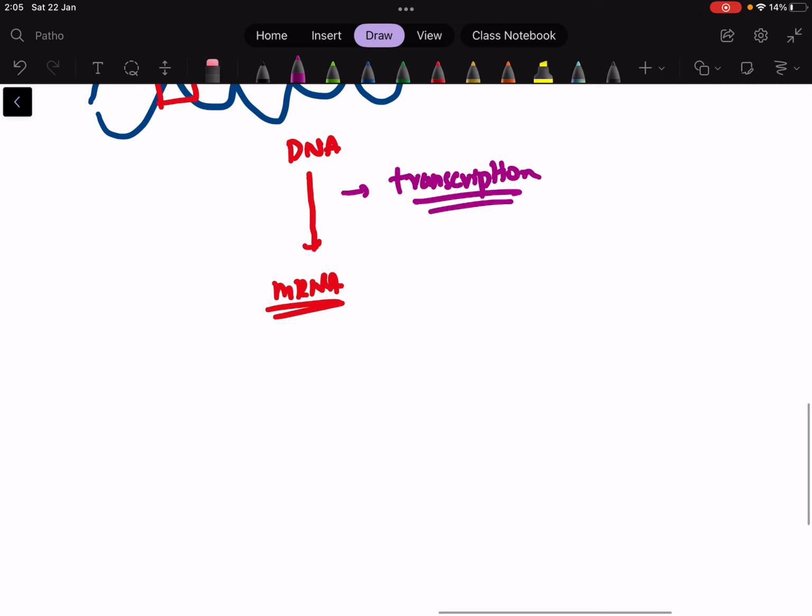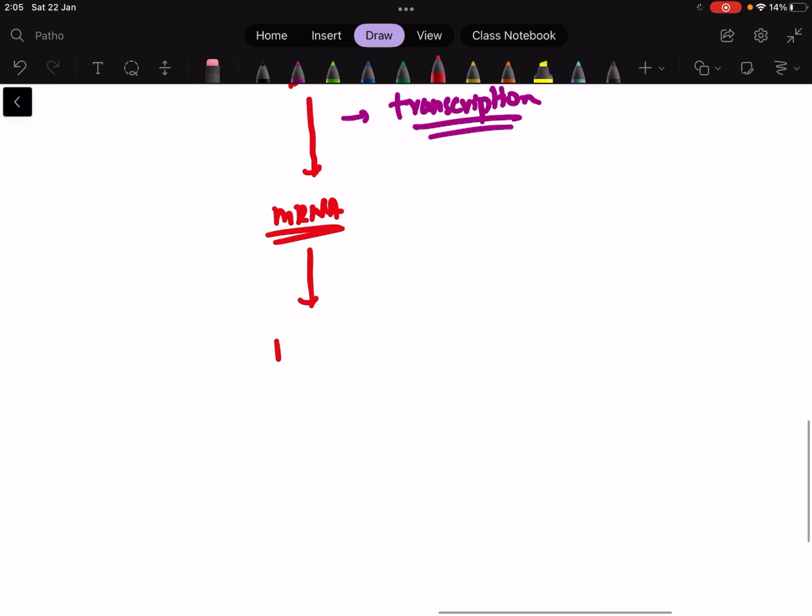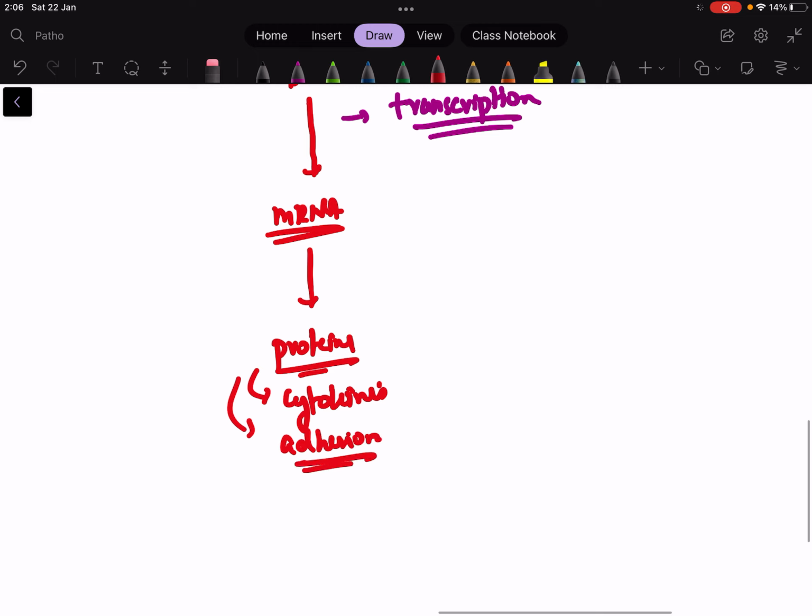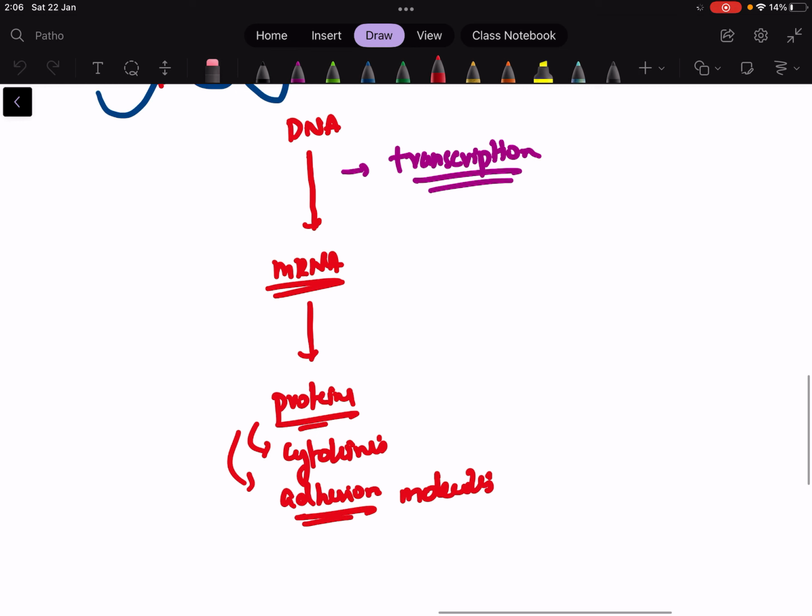And from mRNA it cannot synthesize proteins such as your cytokines or your adhesion molecules. I will talk about them, just wait a minute. And the process of converting mRNA into proteins is called translation.